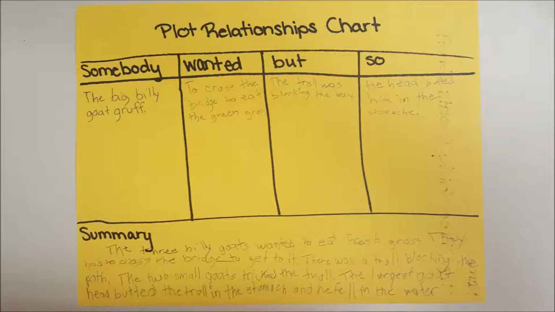In the but column, the student wrote the troll was blocking the way. And in the so section, they wrote he headbutted him in the stomach. At the bottom of the page, the student then took all of the components and wrote a summary, just as I have demonstrated previously.